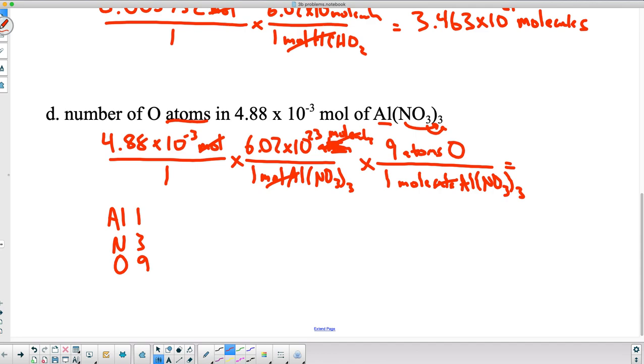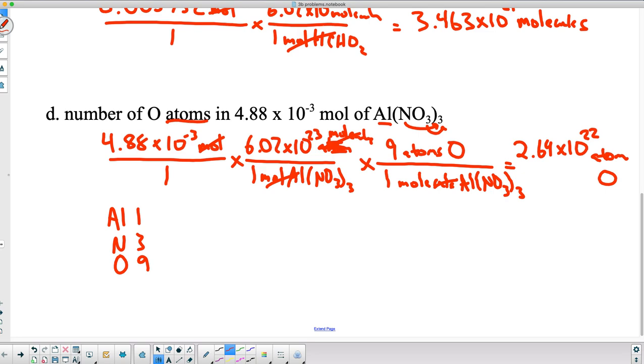So I multiply this times Avogadro's number, which is 6.02 EE23, equals, and then times 9. You should get something that looks like this. 2.64 times 10 to the 22nd atoms of oxygen. That's what you should get.